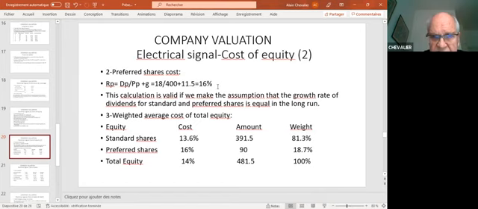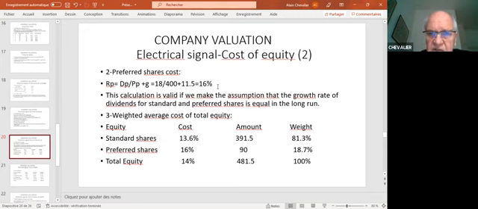By the price of the market, which is 400, and not 580 anymore, plus g. But g, as we tried to explain, is the same for both dividends, for those payments to the ordinary shareholders and to the preferred shareholders, 11.5. Make the calculation, and you get 16%. This is what we have.